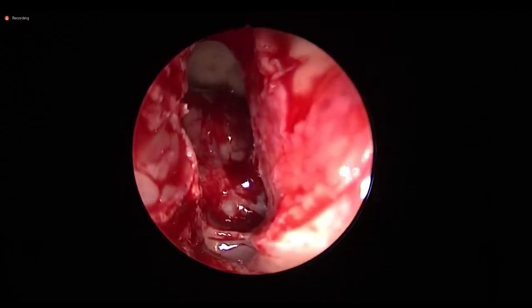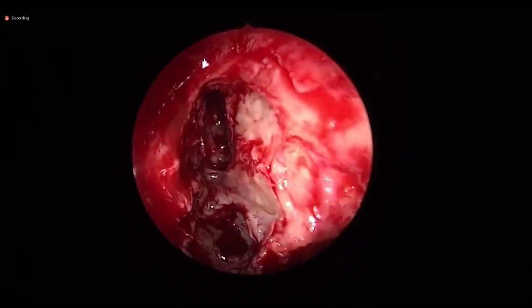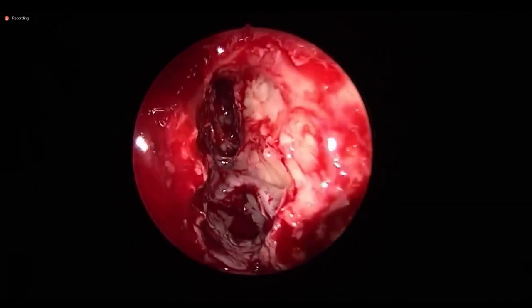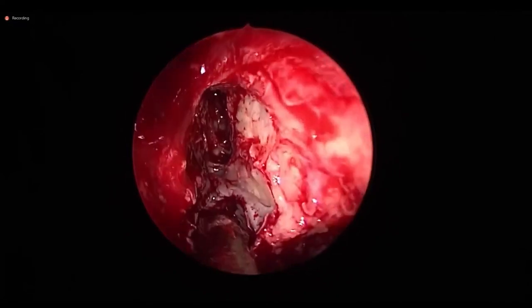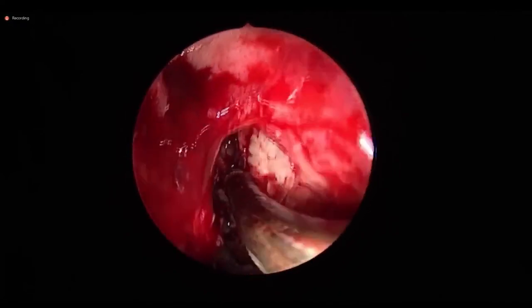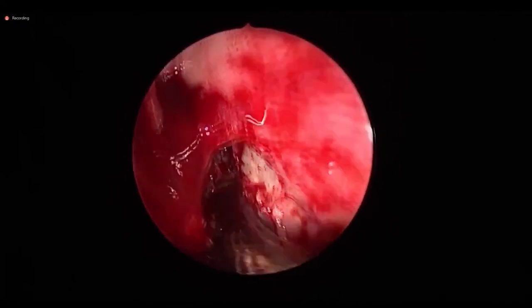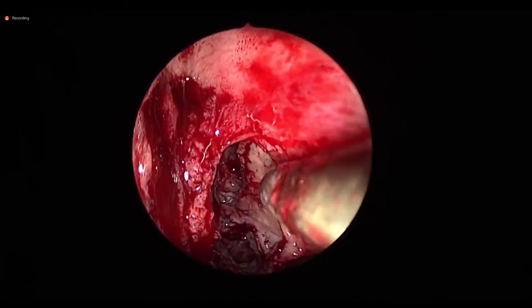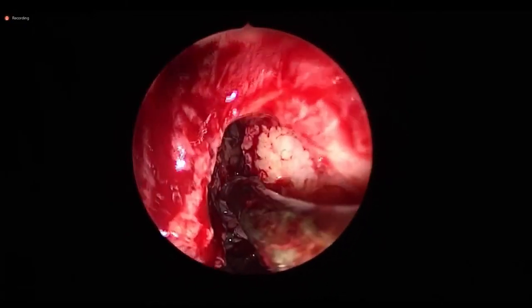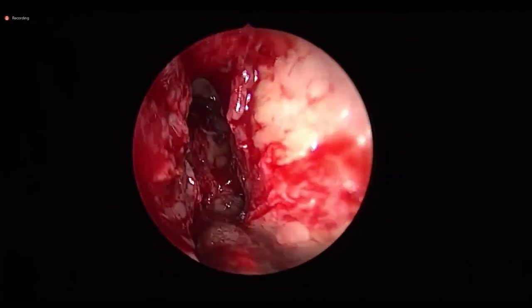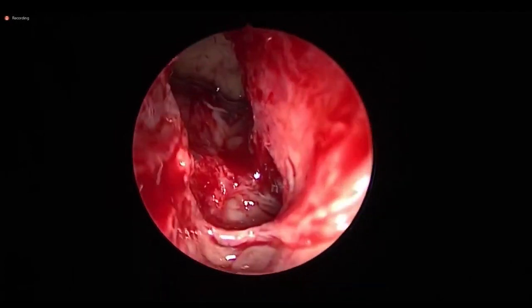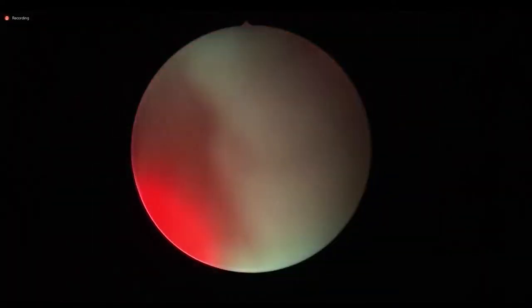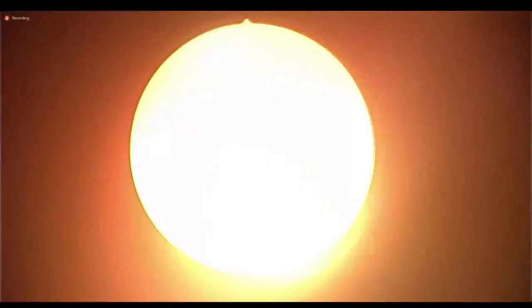Always the best landmark for this region. The anterior ethmoidal runs along the skull base. Don't terrify yourself once you are doing this. See, this is anteriorly, this is deep in the skull base. Right into the bone of the skull base, the anterior ethmoidal traverses. So don't be terrified.